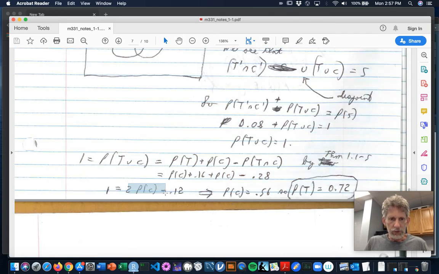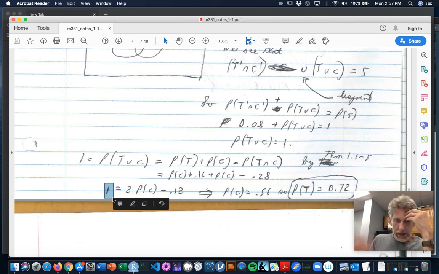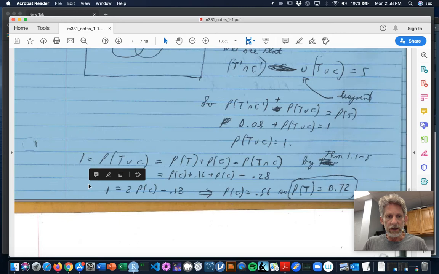And so 2 times the probability of C minus 0.12 is equal to, sorry, that's 0.92 right there. Now add on the 0.92, add on 0.12, and we get 1.06. And then divide by 2 to solve for P of C.